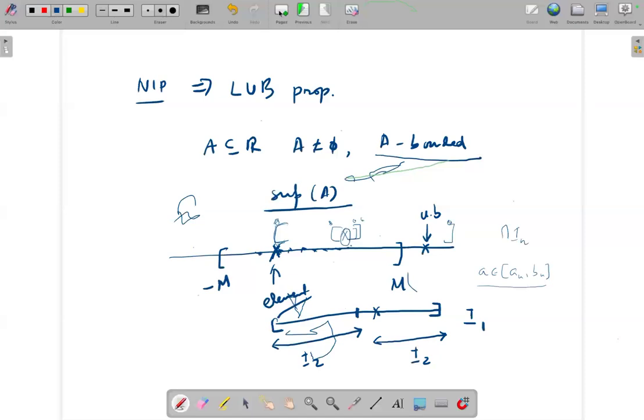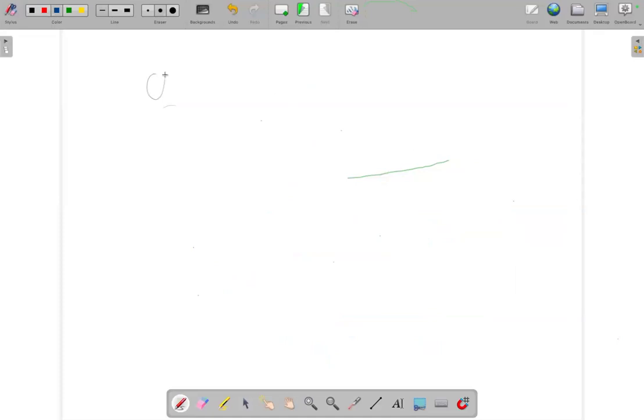Now the question comes, why should I think of sequences? Let's see. I said in the beginning the characterization property. Do you remember the characterization property of supremum?